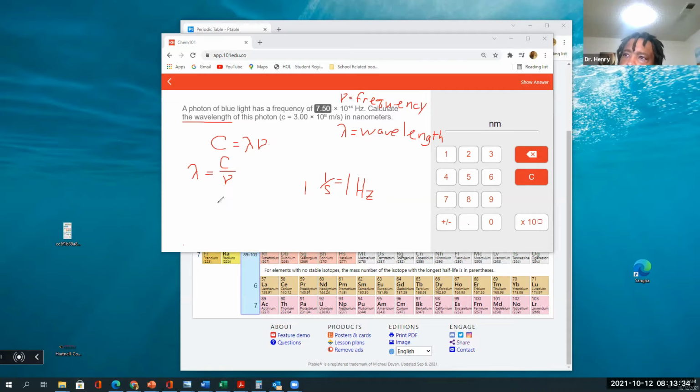So as I said, c equals 3.00 times 10 to the 8th meters per second, and nu equals 7.50 times 10 to the 14th hertz.